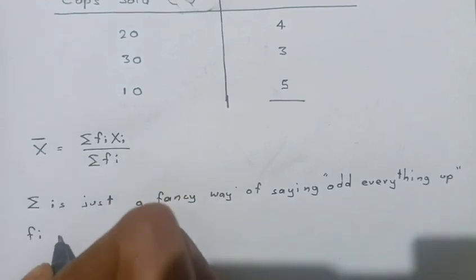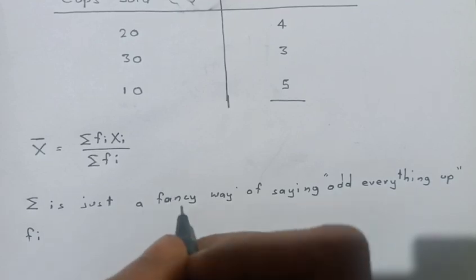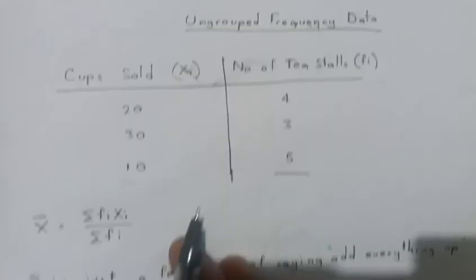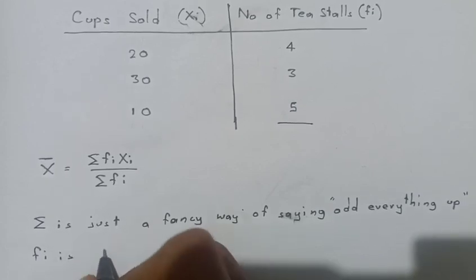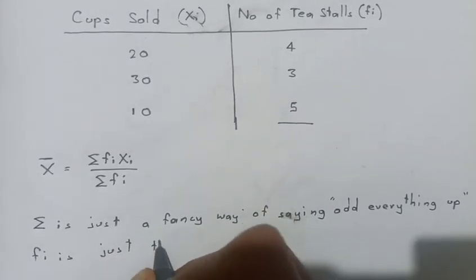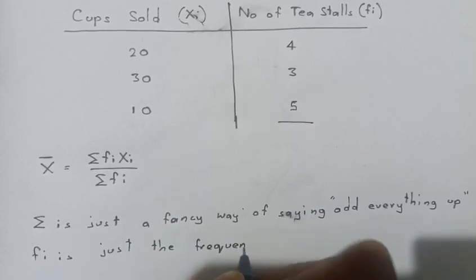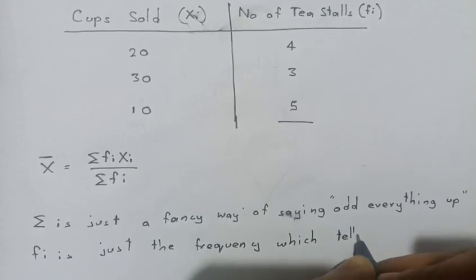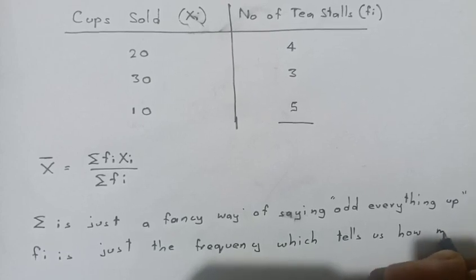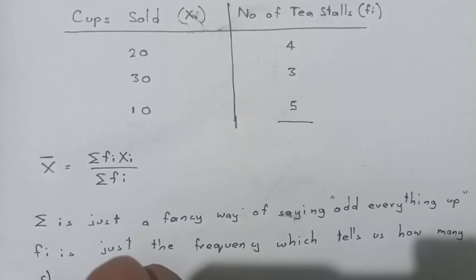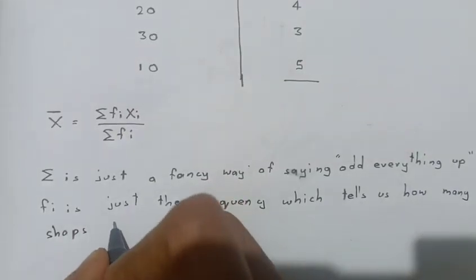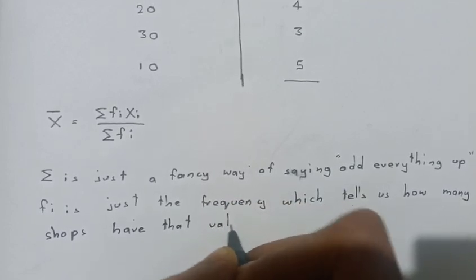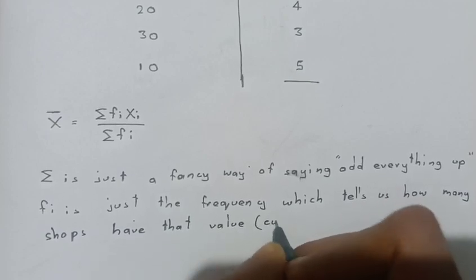And fi is just the frequency, which tells us how many shops have that value, or cups sold.